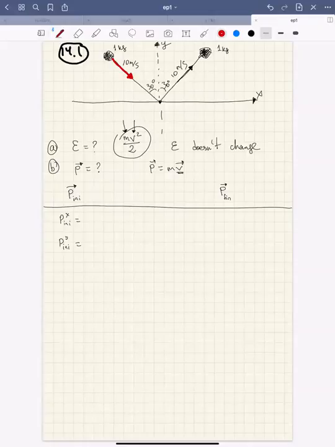So I'm looking at the triangles. This angle is 30 degrees. Then this angle must be 30 degrees. So this will be my x projection. This will be my y projection. You see that to project on x, I need to project on the opposite side of the angle. And to project on y, I need to project on the adjacent side of the angle.